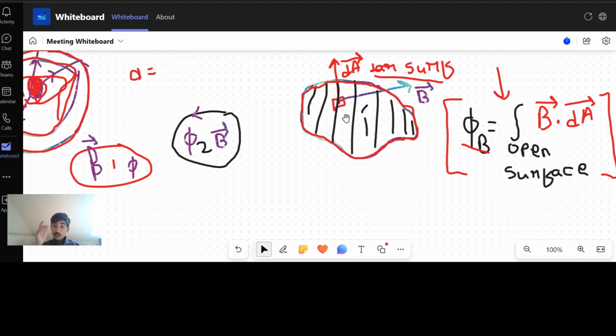The circumference and the surface are related, because whenever we say flux, we associate a surface. Without associating a surface, there is no flux.